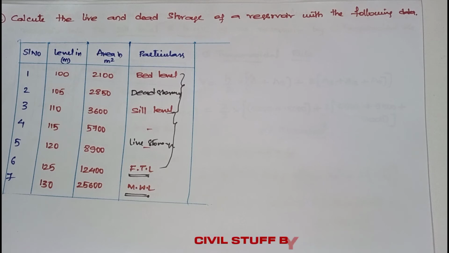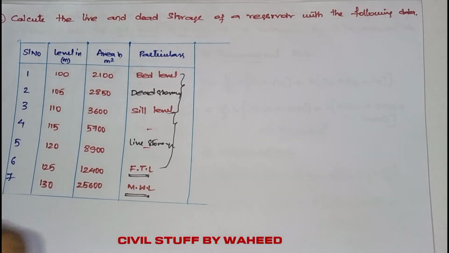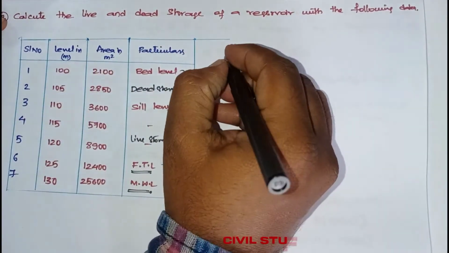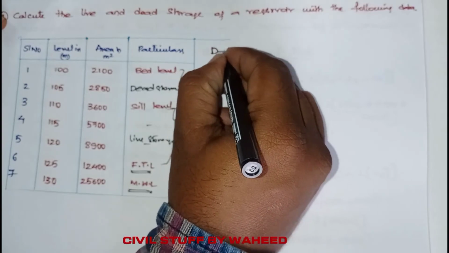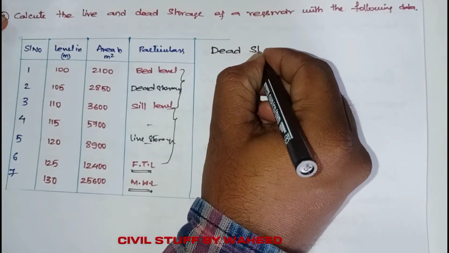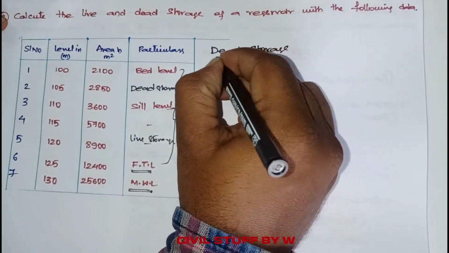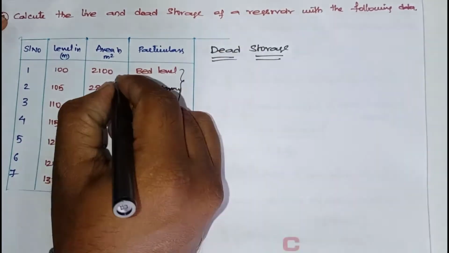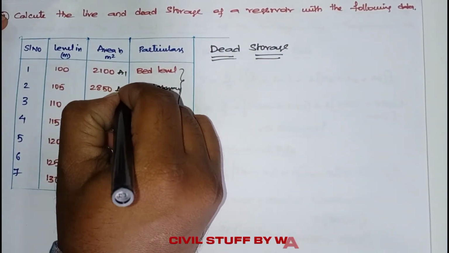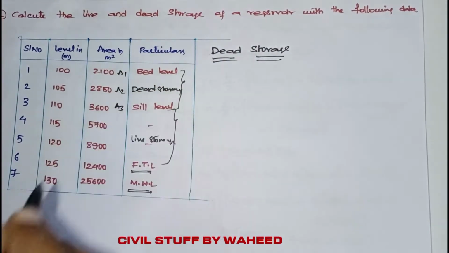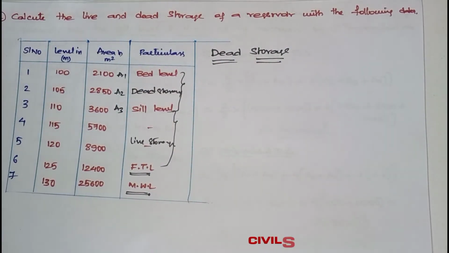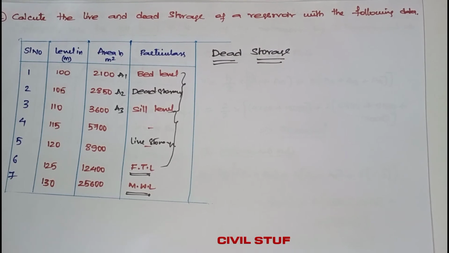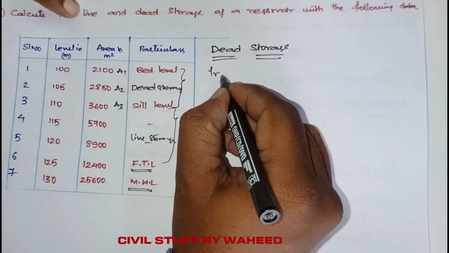Now, when I want to calculate dead storage first, I will consider this as A1, A2 and A3. We'll go with the trapezoidal rule.